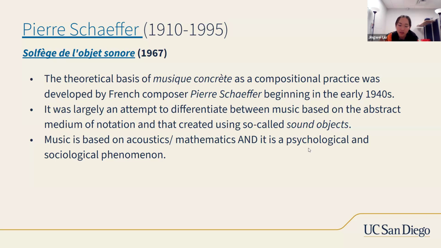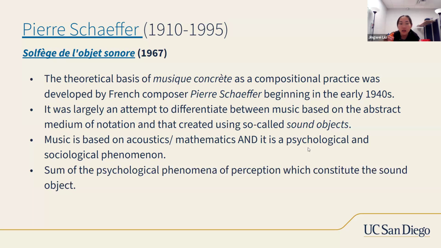So he proposed that music is based on acoustics and mathematics, and it is a psychological and sociological phenomenon. Some psychological phenomena of perception constitute the sound object. So the sound object is not only an acoustic object, it also includes or is filled with psychological phenomena.